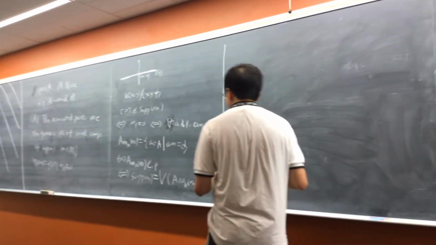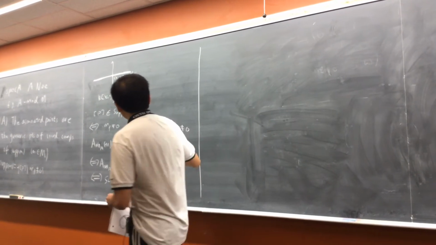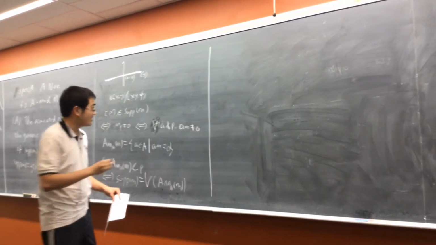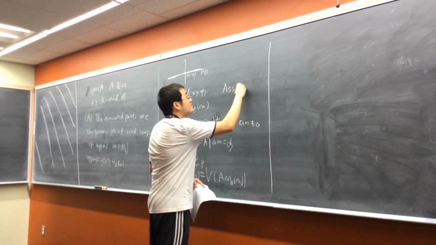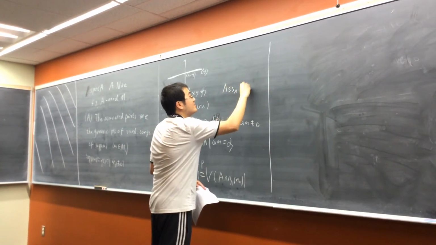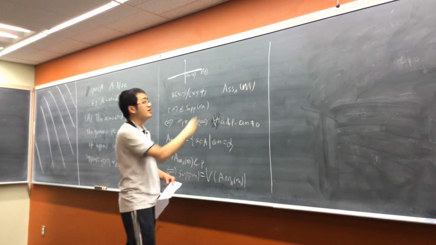Forgive me for using this slightly ugly notation: we will call the associated points of M over A like this.